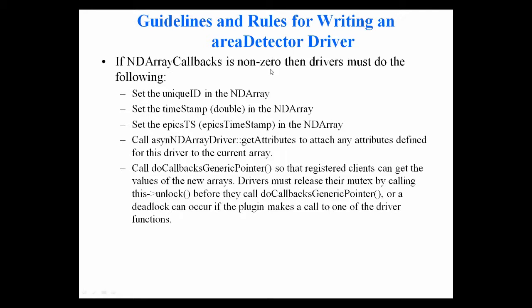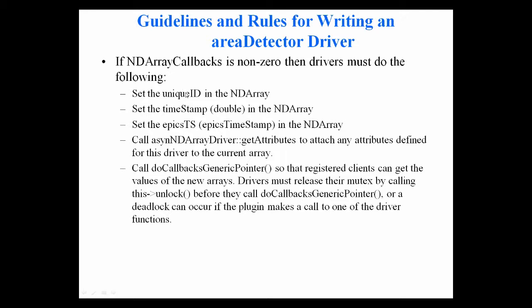If it's non-zero, however, meaning the user does want to do callbacks to plugins, then you need to do the following. You're basically setting the metadata in the ND array. So you need to set the unique ID, which should be a unique frame number for each array.